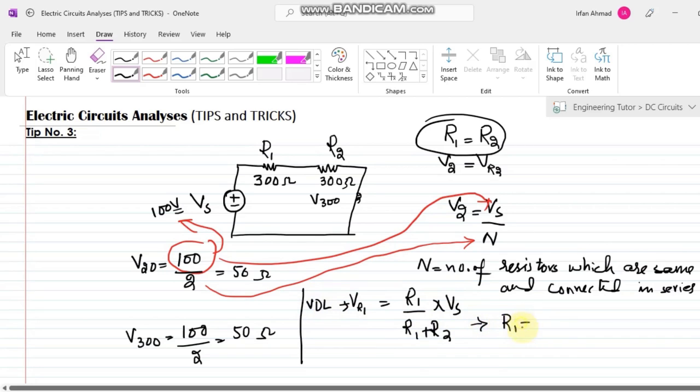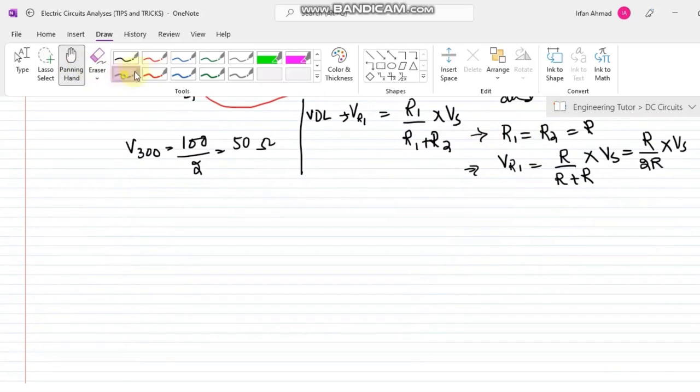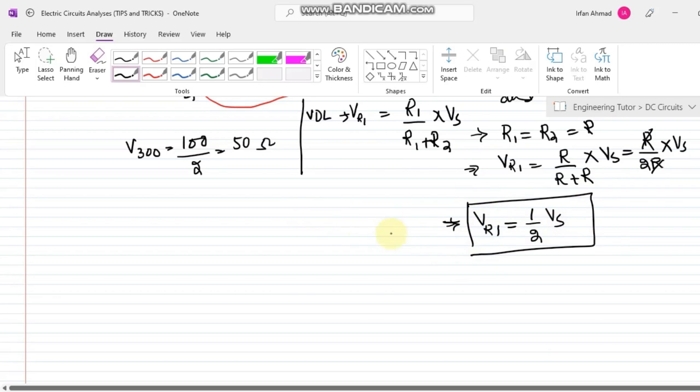If R1 is equal to R2 equal to R, VR1 will be equal to R divided by R plus R multiplied by Vs, or R divided by 2R multiplied by Vs. These two R will cancel out, and at the end the value of VR will be equal to 1 by 2 Vs. Okay, so that is the solution of this example.